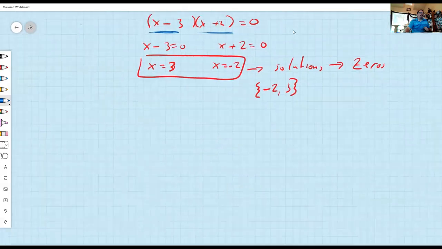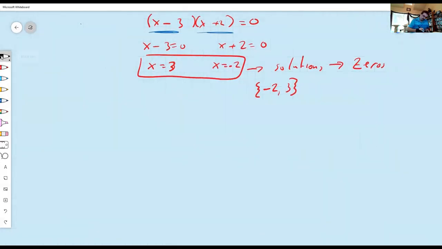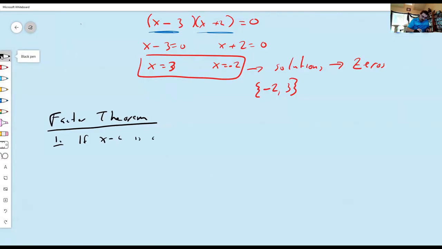That leads us to what's called the factor theorem. A lot of times we'll write it in two statements. You could write it in one, but we'll do it in two. It says this: if x minus c is a factor of p of x, then x equals c is a 0 of p of x.